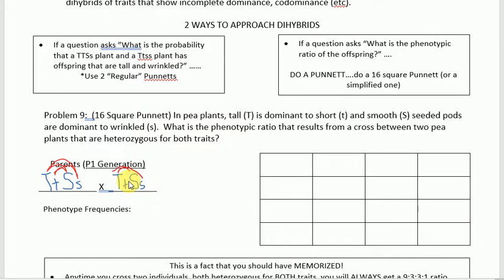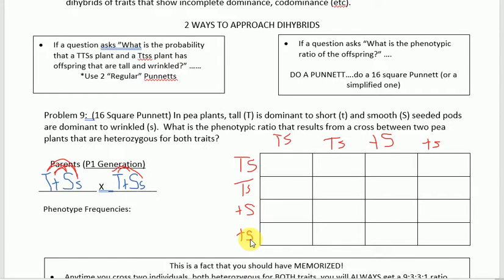So what we end up with is big T big S, big T little s, little t big S, and little t little s. And over here, the same: big T big S, big T little s, little t big S, and little t little s.